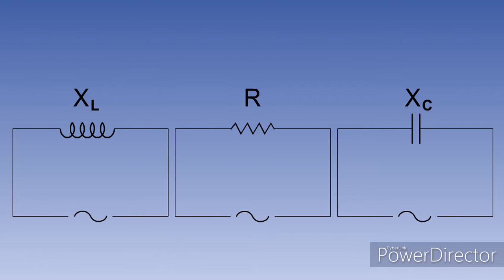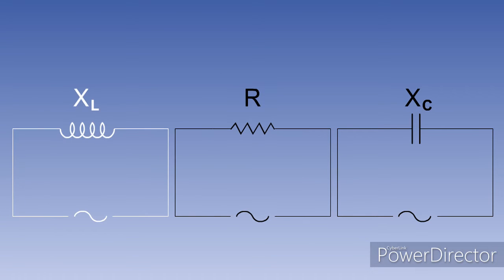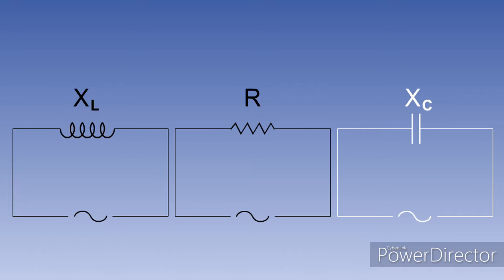In this lesson, we will look at the forces that oppose current flow in AC circuits, and we will examine the relationship between these forces. We will start by looking at theoretical circuits containing, in isolation, resistance, inductance, and capacitance.